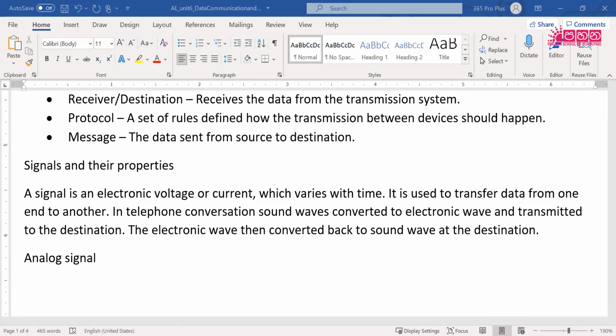Continuous means it will vary. Let's say the two levels are between 0 and 1. It is continuously changing from 0 to 1, like a sine wave. It's a continuous one.